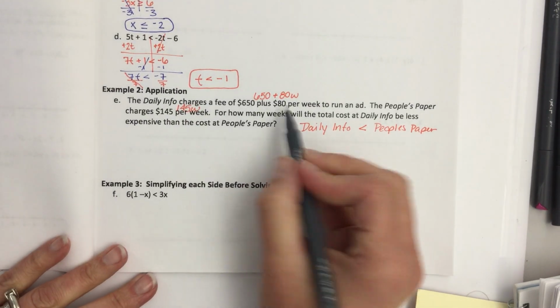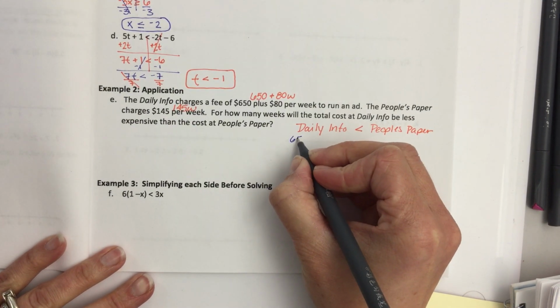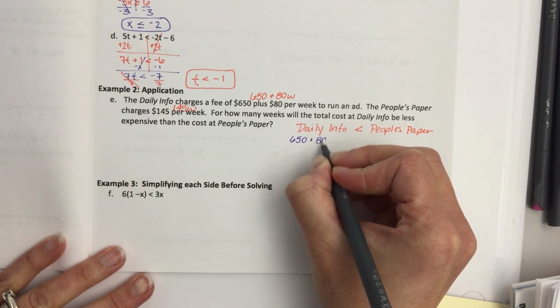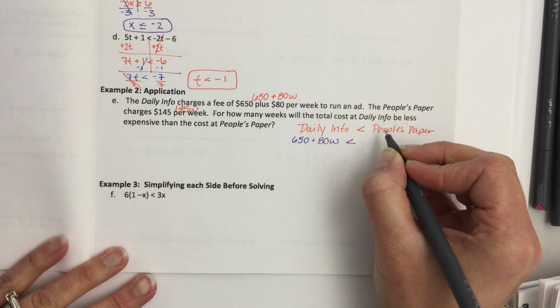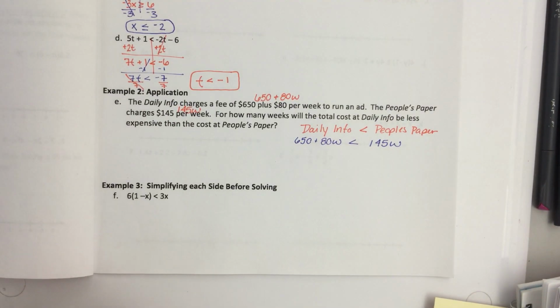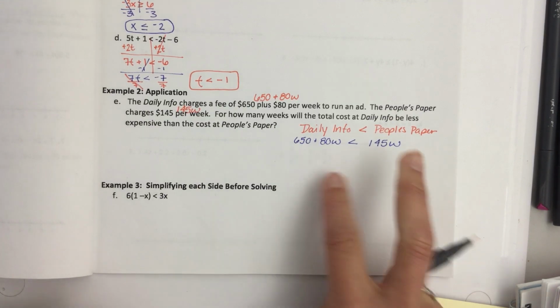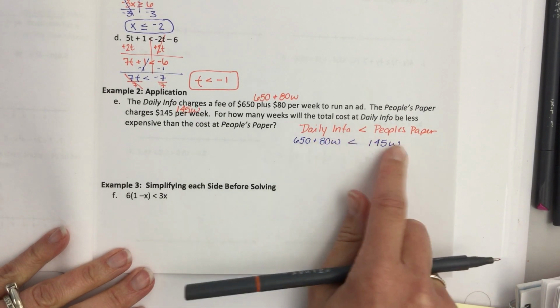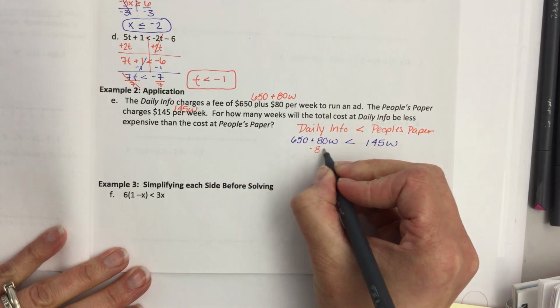We've already done this. The Daily Info is $6.50 plus 80W, and the People's Paper is $145W. Now it's just an inequality with variables on both sides. You have to get the variables together first. You're always going to be moving those.